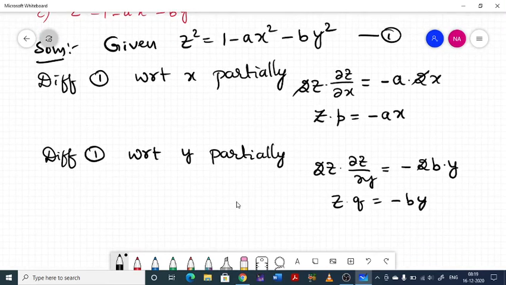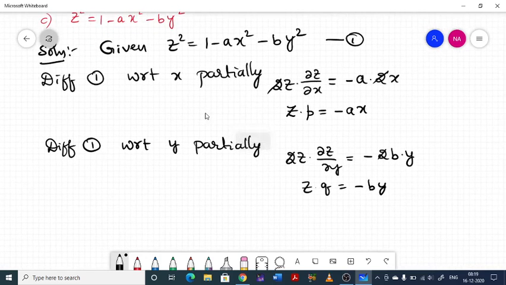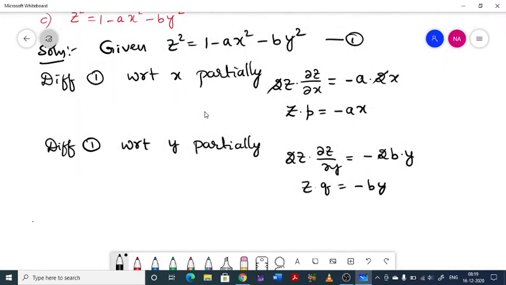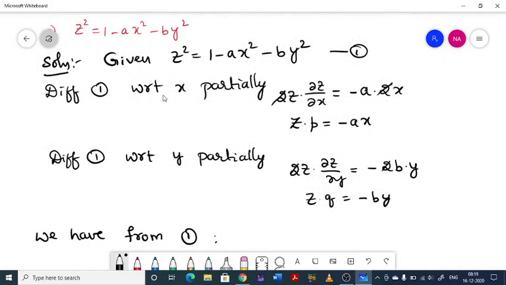Now, as in the previous problem, we can write the given statement as we have from 1. So I can write this statement as z square equal to 1 minus, I have minus ax equal to zp.